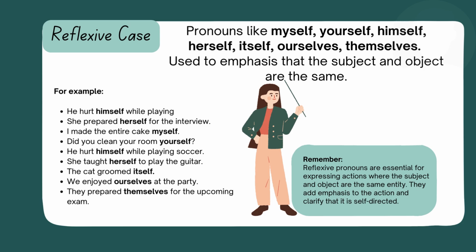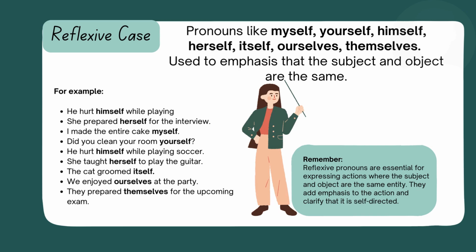Now, reflexive pronouns are used most of the time as the object of the sentence, so you will always find them somewhere within the middle of the sentence. For example, she prepared herself for the interview. I made the cake. Oh, sorry. I made the entire cake myself. So the word entire means the whole thing.